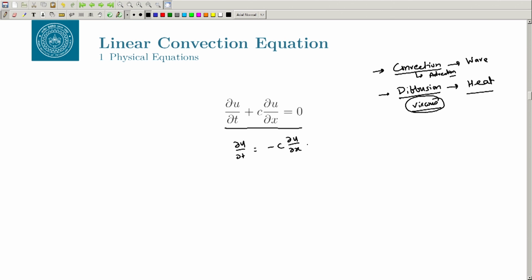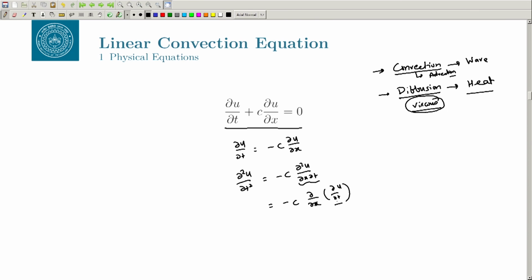So, you can take a derivative with respect to time again, okay, that will become minus C ∂²u/∂x∂t, right. And then what you do, you can basically interchange the derivatives to become C ∂/∂x of ∂u/∂t, right.